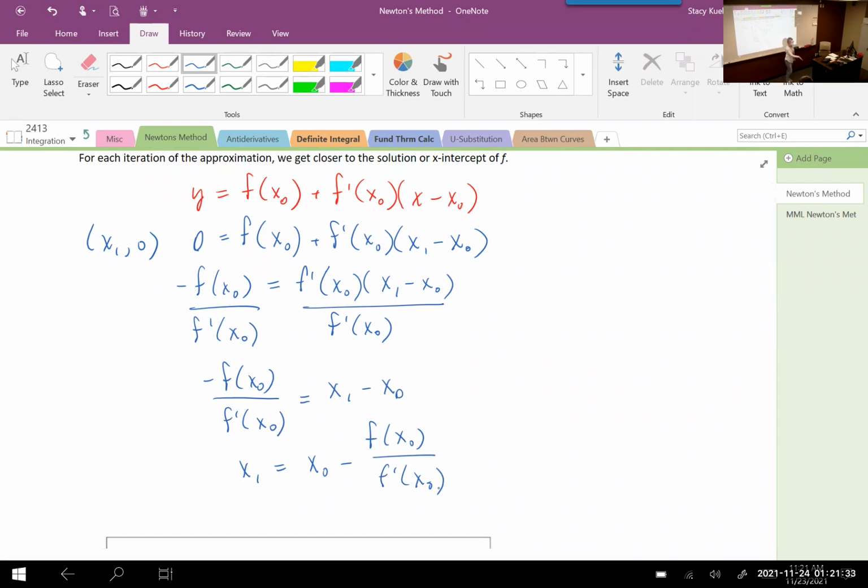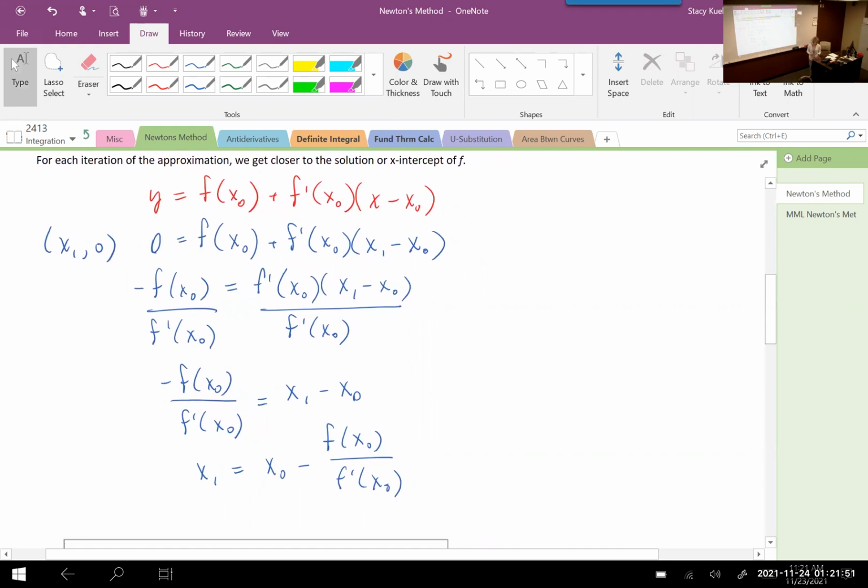What is the value, using that line, the secant, or the tangent line, excuse me, when I cross the x-axis? So I get an approximation, and we know that we can keep doing this over and over again.